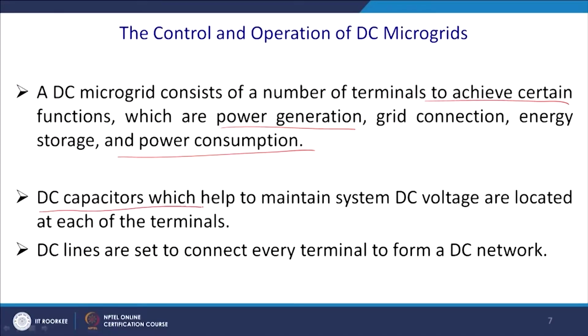The DC capacitors which help to maintain the system voltage are located at each of the terminals. That is something we require to keep in mind, that the DC capacitor which maintains the DC bus voltage is located at each terminal. The DC lines are set to connect every terminal to form the DC network.